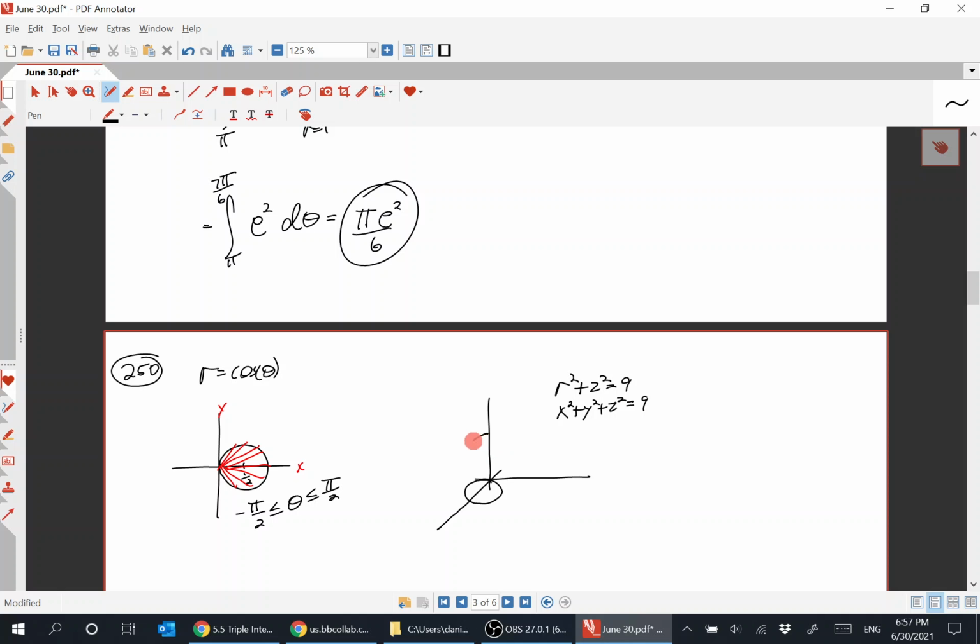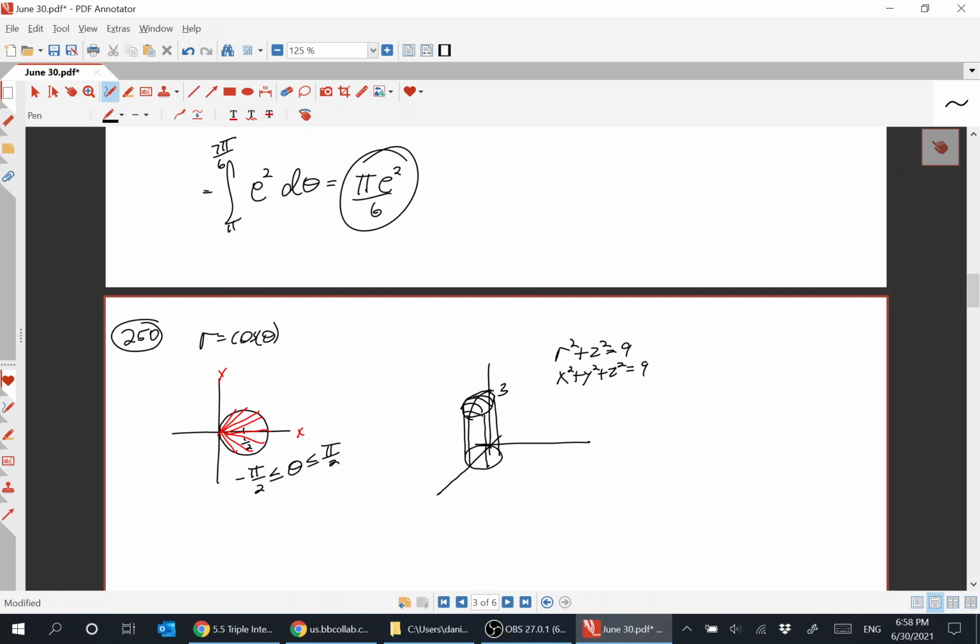So it's just some cap there. This is kind of some weird thing here. There we go. That's a nice picture. Something like that. Okay.